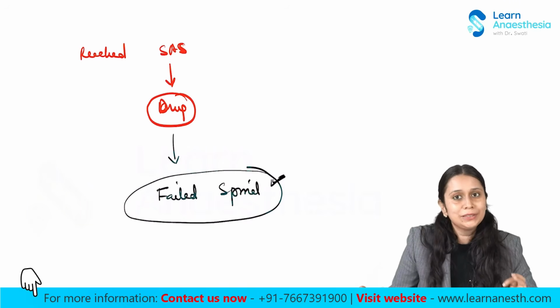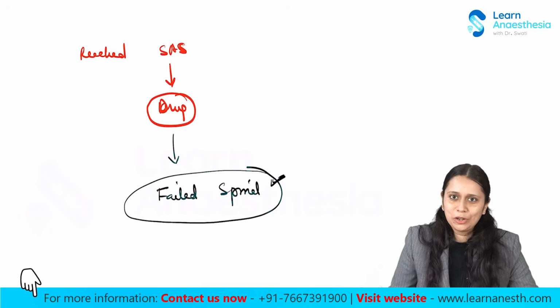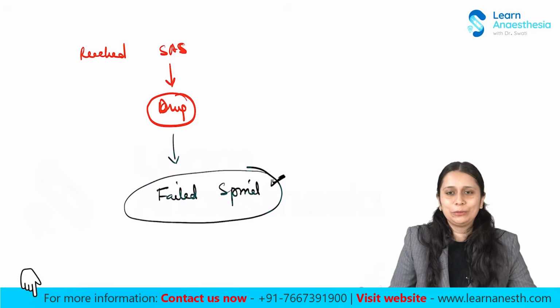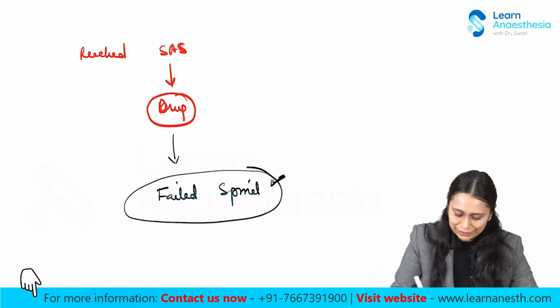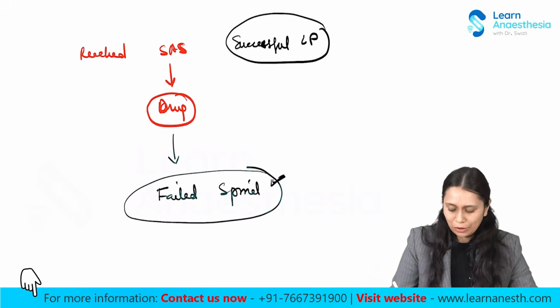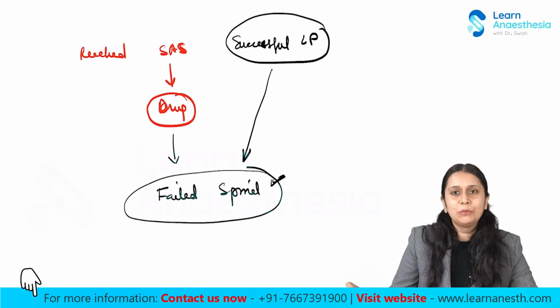Successful lumbar puncture is definitely a requirement for a subarachnoid block, but it does not give us a guarantee for a successful subarachnoid block. So it's a possibility that in spite of successful lumbar puncture, we would not get a required block, and we would put it in the category that the block has failed.